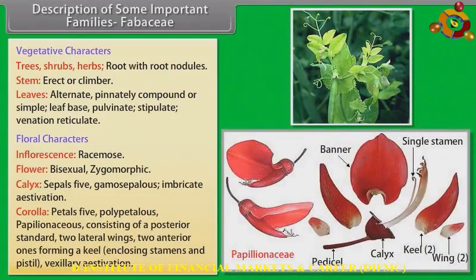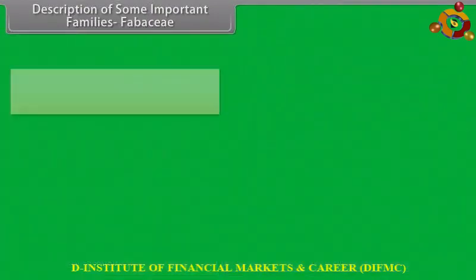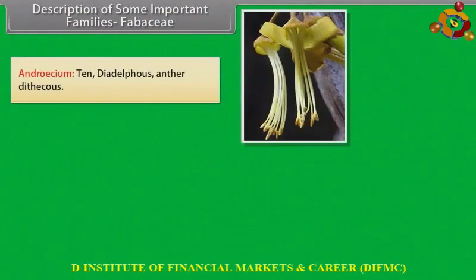Corolla, petals 5, polypetalous, papilionaceous, consisting of a posterior standard, 2 lateral wings, 2 anterior ones forming a keel, enclosing stamens and pistil, vexillary aestivation. Androecium, 10, diadelphous, anther dithecous.